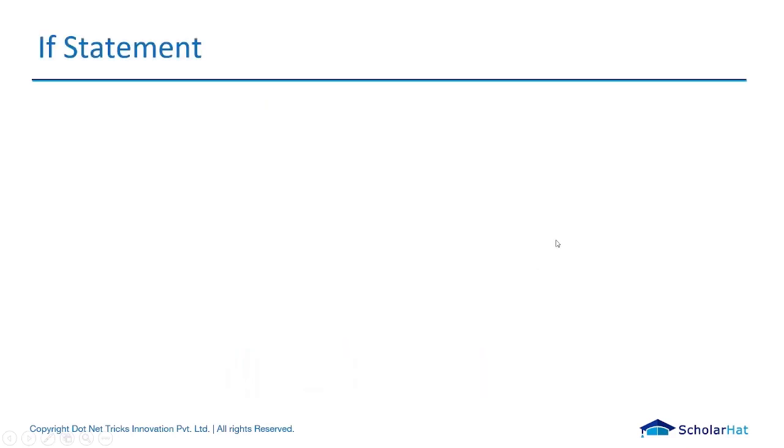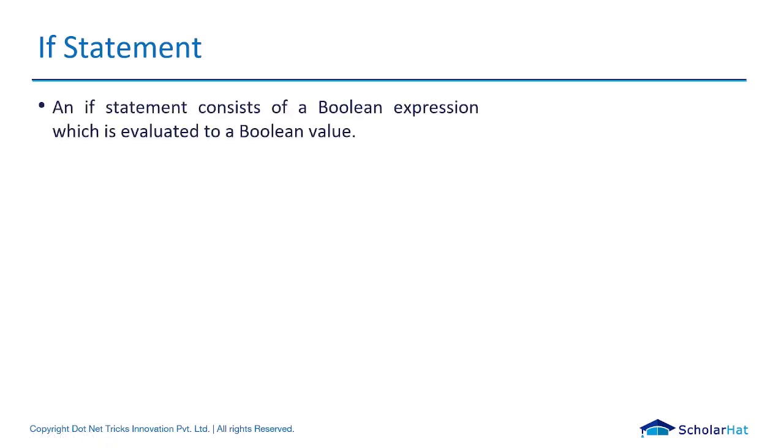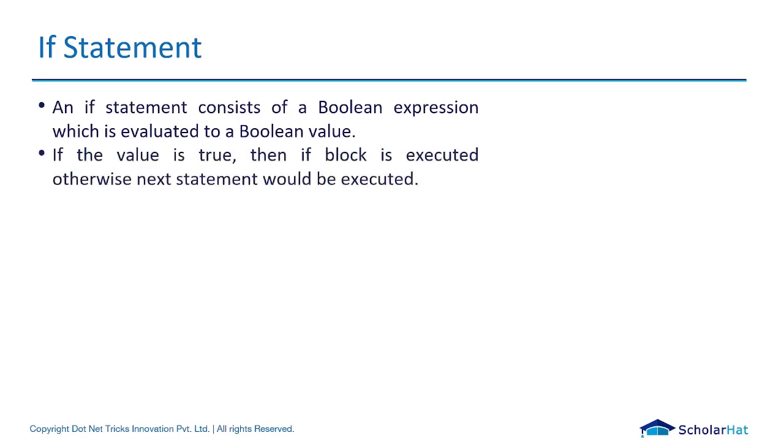Now first thing we're going to talk about is the if statement. What is that if statement? An if statement consists of a boolean expression which is to be evaluated to a boolean value. What it means is the if block will only be executed when the condition is true, otherwise it will not be executed.